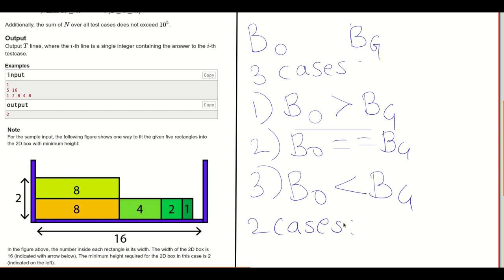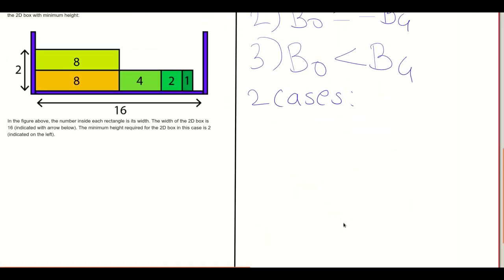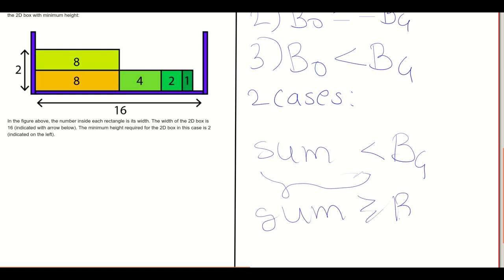The two cases are that the sum of all those smaller blocks is either less than BG. In that case, our solution will be better because we are putting a larger sum, so it is not relevant for us. What if the sum is greater than or equal to BG?